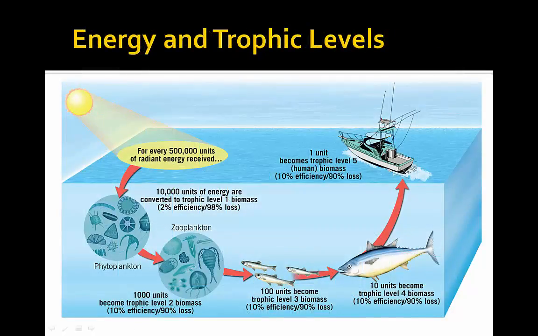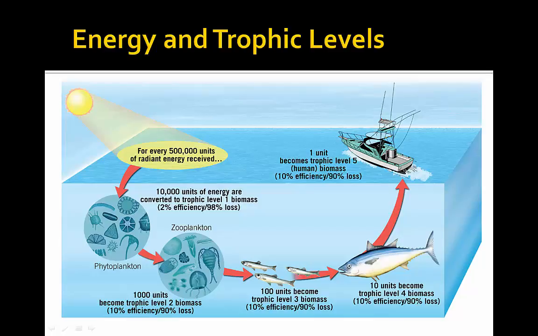Primary producers, in most cases, convert sunlight to energy in a very inefficient process. Only about 2% of the energy is incorporated. The rest is lost mainly as heat. Herbivores consume producers and are only marginally more efficient at the process, incorporating about 10% of the energy.